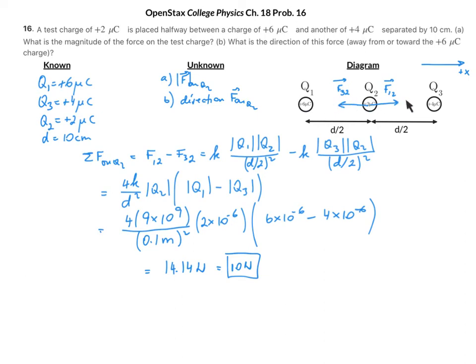And since it's to the right, that means that it's away from the 6 microcoulomb charge. So in part B, I will say F on Q2 is away from the plus 6 microcoulomb charge.